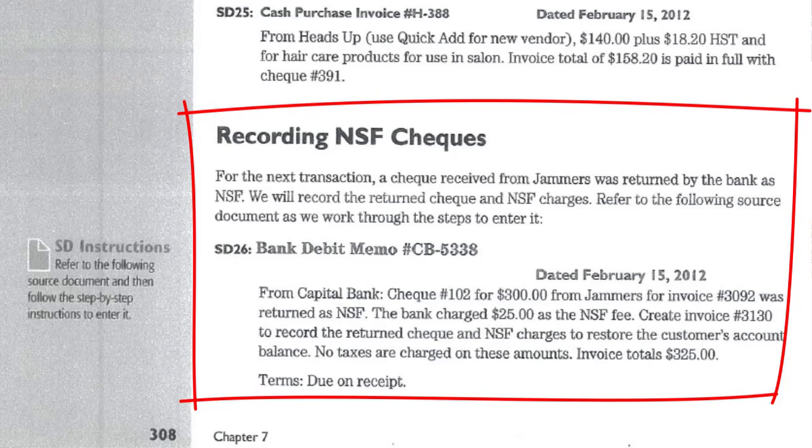Check number 102 for $300 from Jammers for invoice 3092 was returned as NSF. The bank charged $25 as the NSF fee. Create invoice number 3130 to record the returned check and NSF charges to restore the customer's account balance. No taxes are charged on these amounts. Invoice totals $325 even. Terms due on receipt.